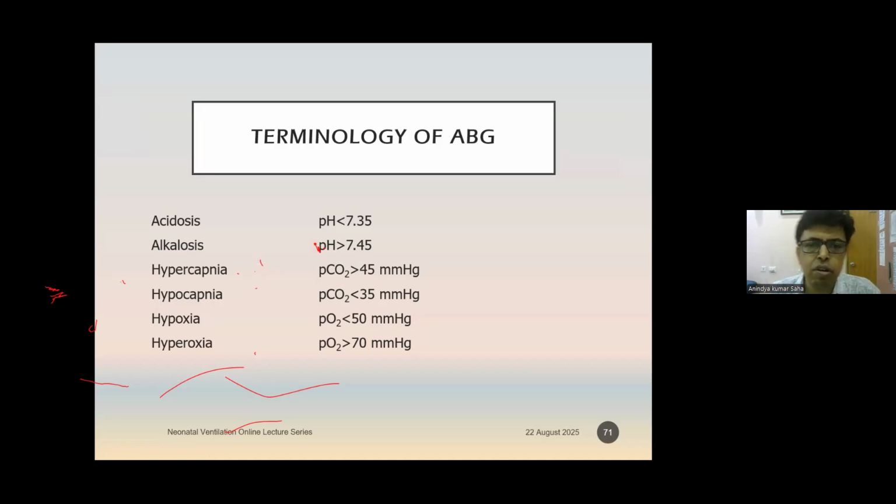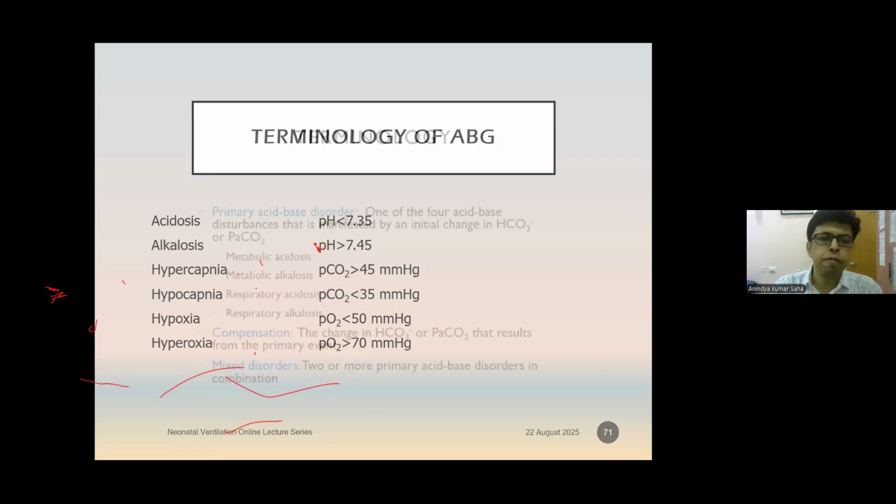So now is the crucial part: how to interpret the ABG strip. Before we analyze, we have to know the terminology. pH less than 7.35 is acidosis, more than 7.45 is alkalosis. PCO2 increased is known as hypercapnia. PCO2 less than 35 is known as hypocapnia.